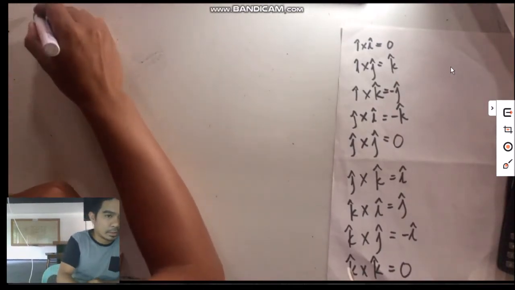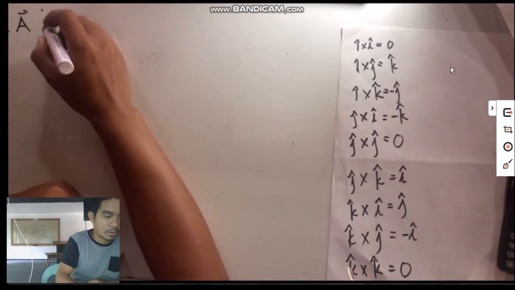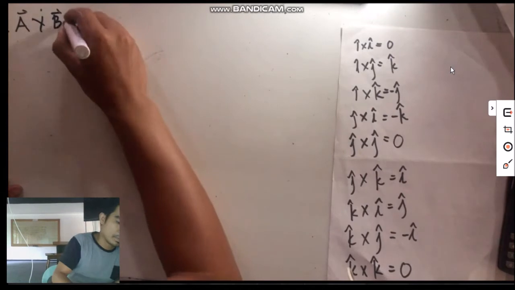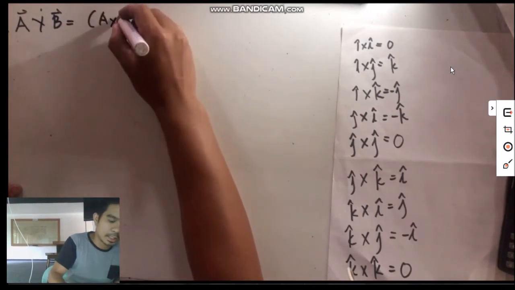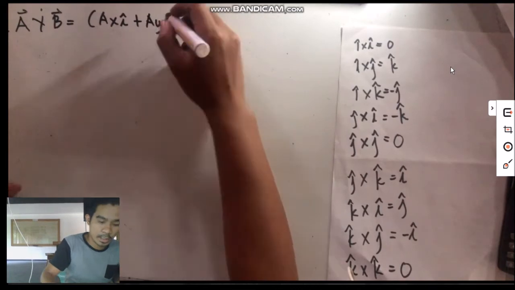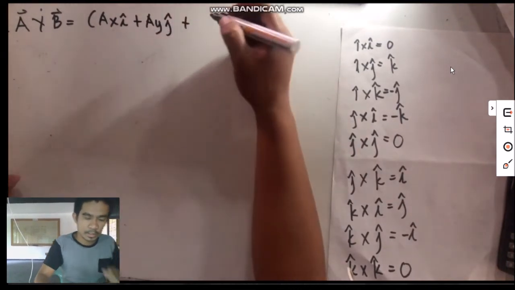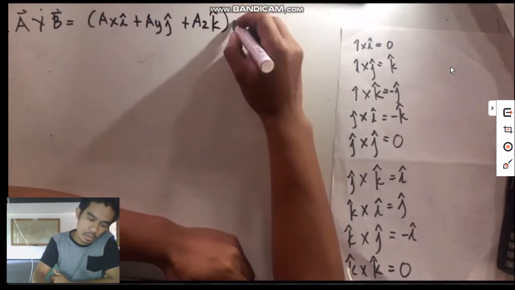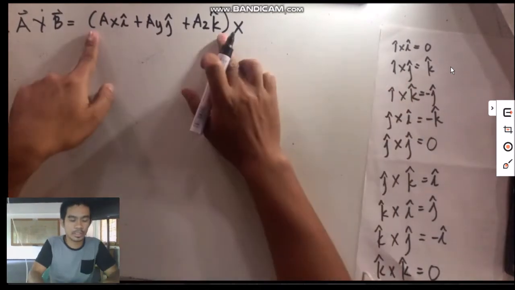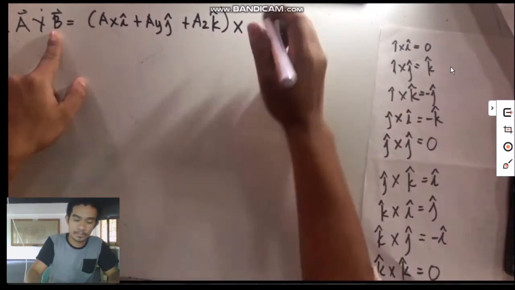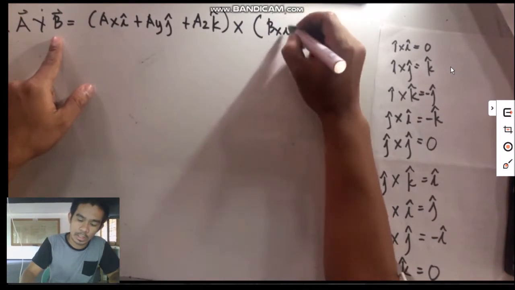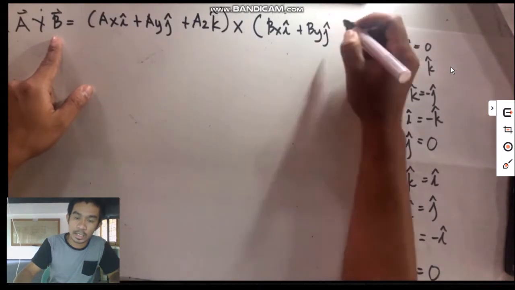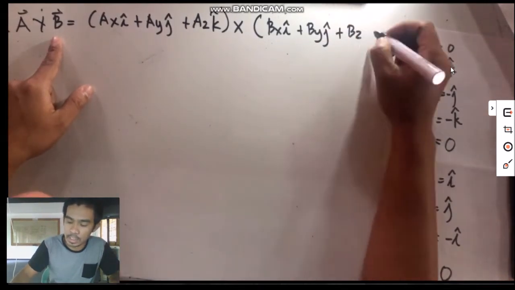So we have vector A cross vector B. Vector A is Ax i hat plus Ay j hat plus Az k hat, cross vector B, which is Bx i hat plus By j hat plus Bz k hat.